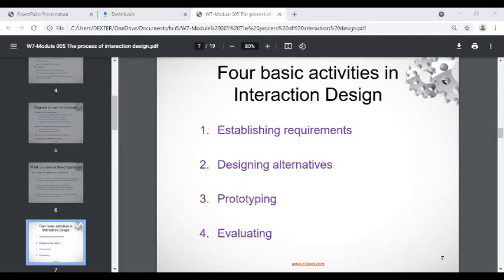We have first, establishing or discovering requirements for the interactive product, then designing alternatives that meet those requirements, prototyping the alternative designs so that they can be communicated and assessed, and evaluating the product and the user experience offered throughout the process.